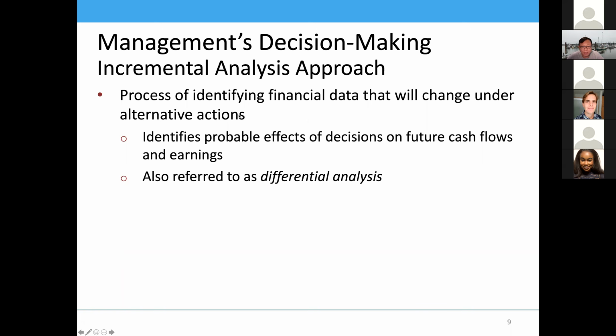Okay, so basically we are using the incremental analysis approach. When you compare two or more alternatives, we use the incremental analysis approach. So what does that mean? This is the process of identifying financial data that will change under alternative actions.